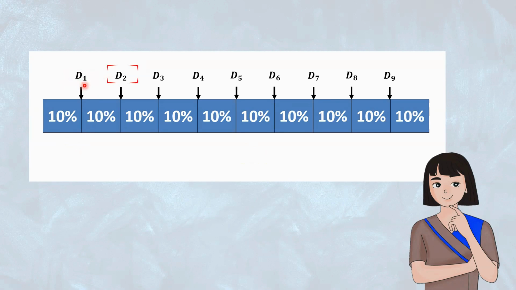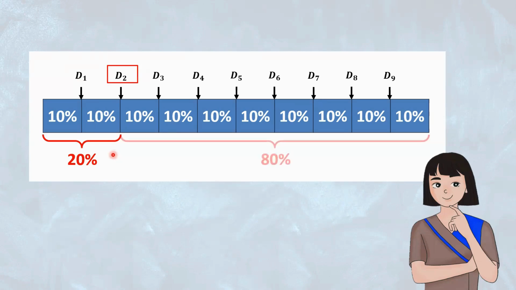Moving on, if a score falls on decile 2, it can be interpreted as 20% of the scores in the dataset are less than or equal to our decile 2 value, and the remaining 80% are greater than or equal to our decile 2 value.